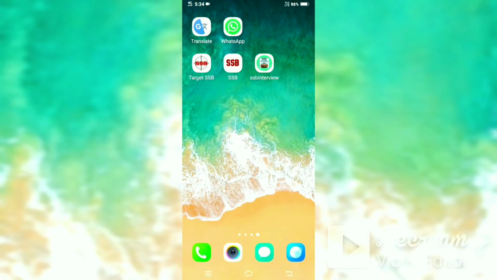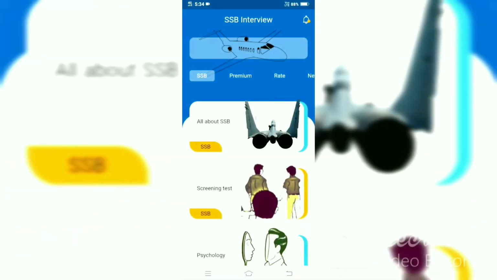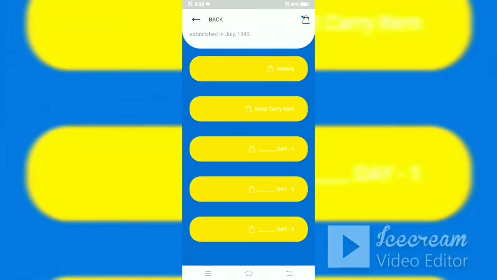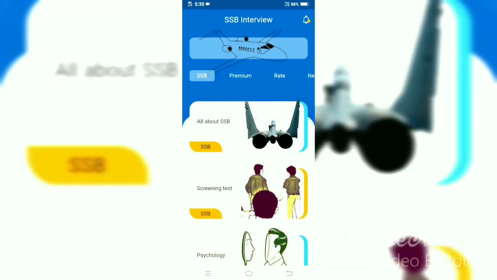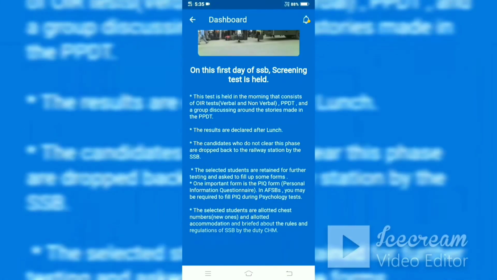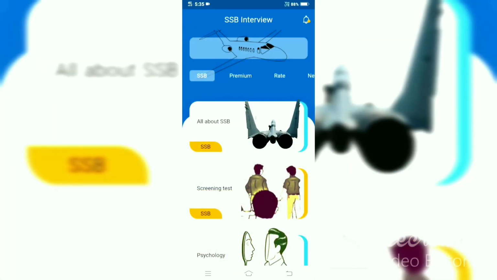Now coming to the next app, in my opinion this is the best app, but the problem with it is that it is really slow in processing, because it works very slowly, but it is the best app I have ever seen. The first thing is history, must carry, so you can see all this information, like you can click on this, and you can go through it once.